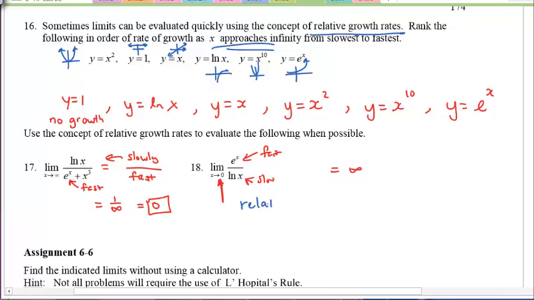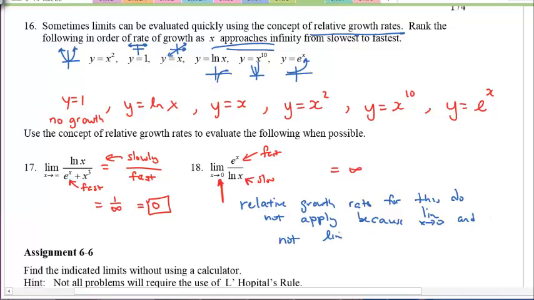So relative growth rates for this do not apply, because you're taking the limit as x approaches 0 and not the limit as x approaches infinity. Don't get tricked. That's it for Unit 6. We're done.